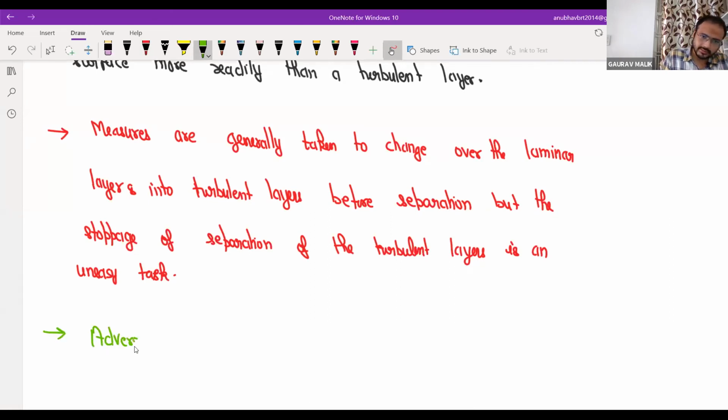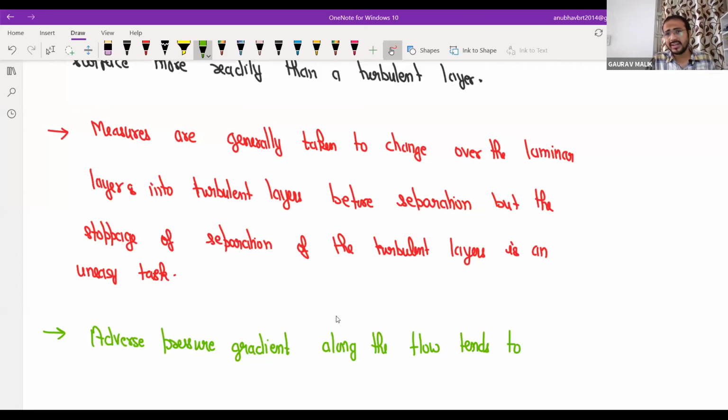Adverse pressure gradient along the flow tends to accelerate or retard the fluid. I asked a very simple question: that will retard the fluid.